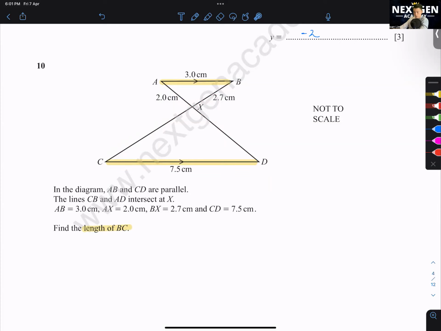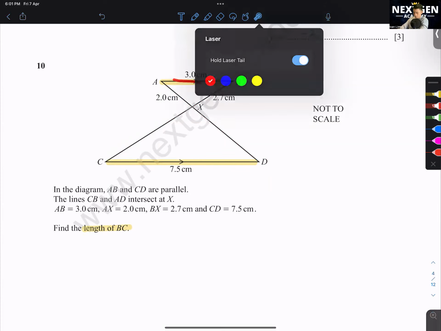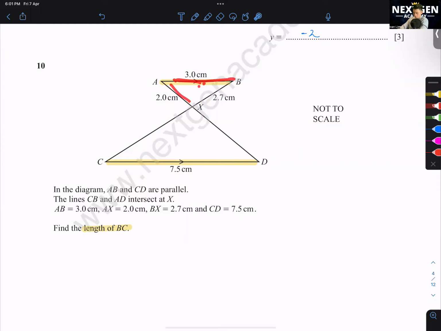The base should go down for the small shape. So this one, I invert, go down. But if I invert, go down, shouldn't this be equal to this? Not in the mirror.